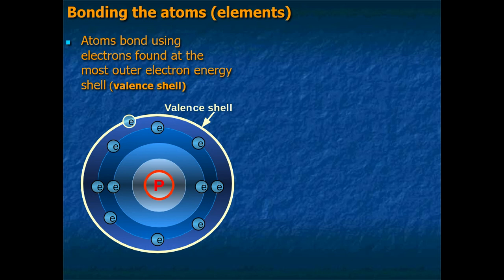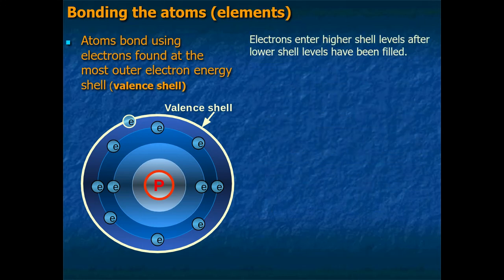In this discussion, we're either going to allow the valence shell to take on electrons to satisfy that rule of 8, or we're going to allow electrons to transfer or move from the outer shell to satisfy that rule of 8. And once the atom has the rule of 8 satisfied, that atom now becomes stable.